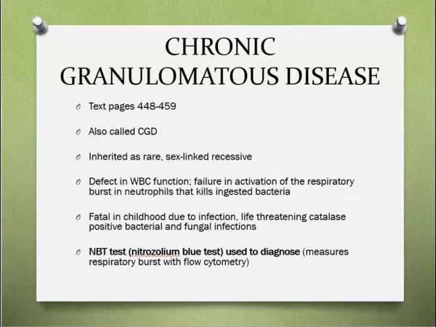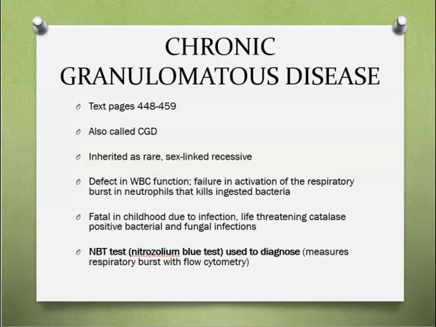The last white blood cell inherited disease we need to discuss is chronic granulomatous disease, or CGD. It's inherited, it is rare, and this one is the one that is sex-linked, and it's recessive. This is caused by a defect in white blood cell function. It's a failure to activate the respiratory burst in neutrophils that kill ingested bacteria.